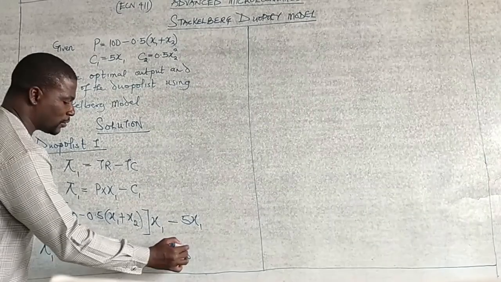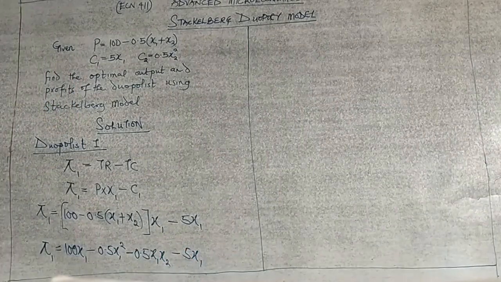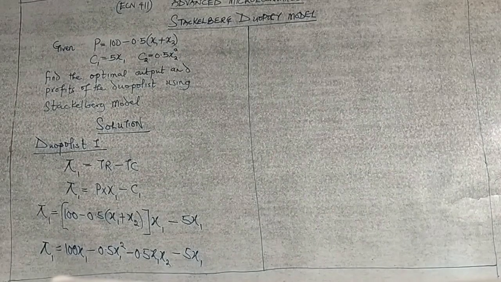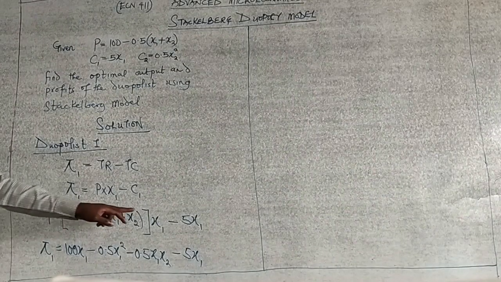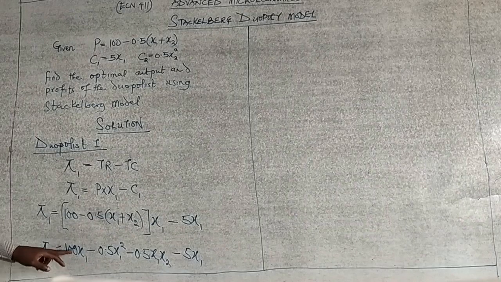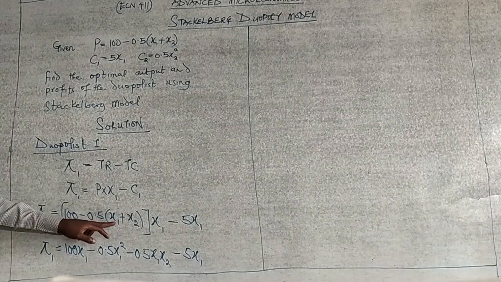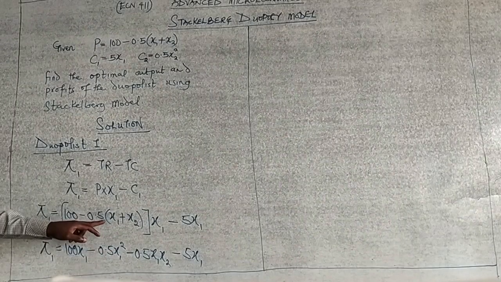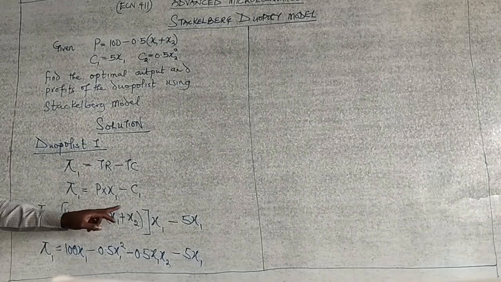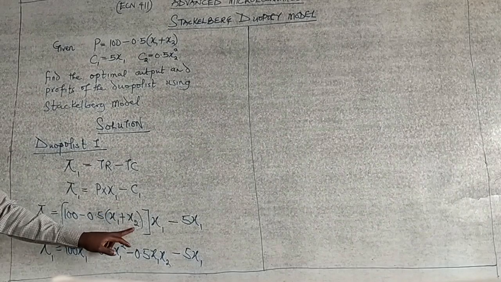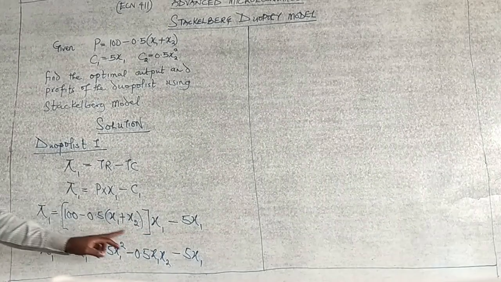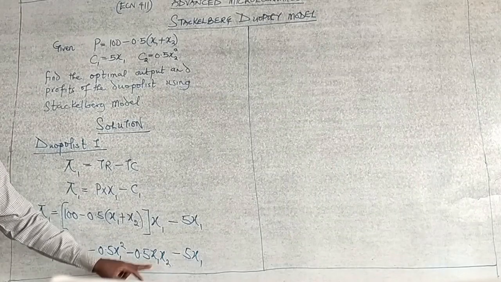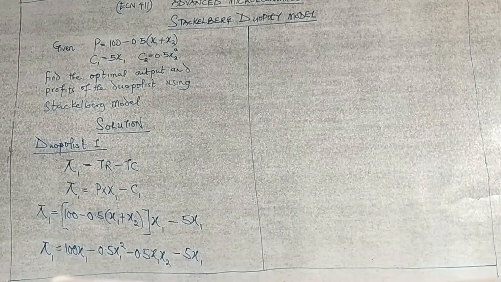Then minus what? 5x1. You see that? 100 times x1 is 100x1, minus 0.5 times x1 times this x1 gives minus 0.5 x1 squared, minus 0.5 times x2 times x1 gives minus 0.5 x1x2, then this minus 5x1, put it there.